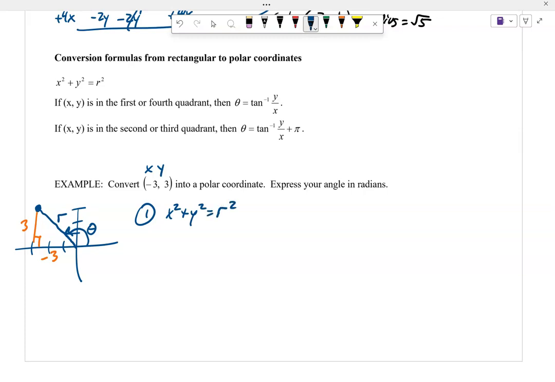So I can use the Pythagorean theorem. So -3 squared plus 3 squared equals r squared. So I got 9 plus 9 equals r squared. I got r squared equals 18. So I got r equaling square root of 9 times 2, I get 3 root 2. Okay, there's my r distance. So from here to there, I now know is 3 root 2.